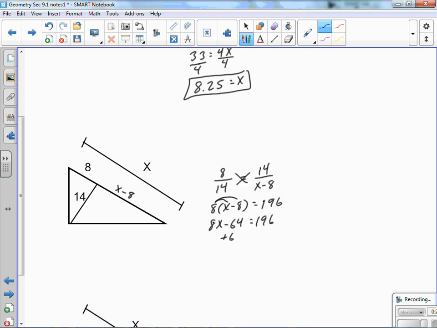And we're adding 64 to both sides. So 8x equals 260. And last step, divide by 8. And our x value is 260 divided by 8, which is 32.5.